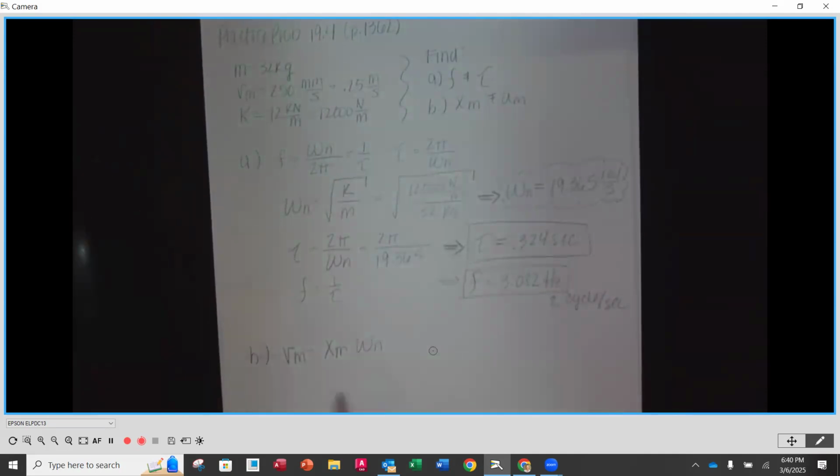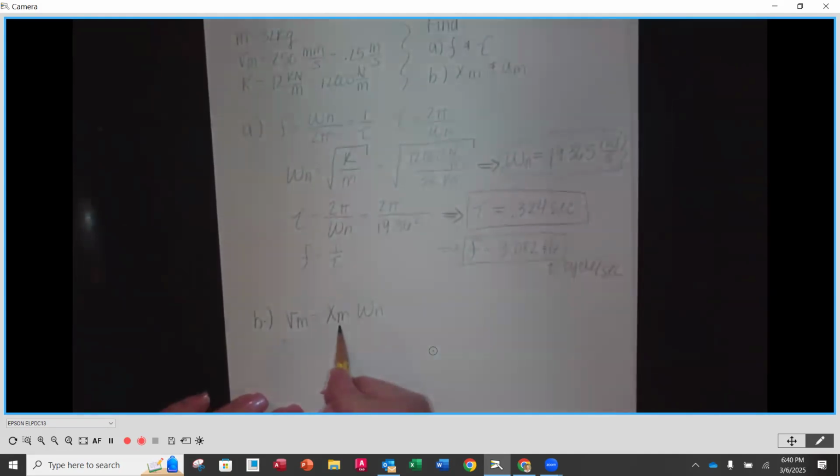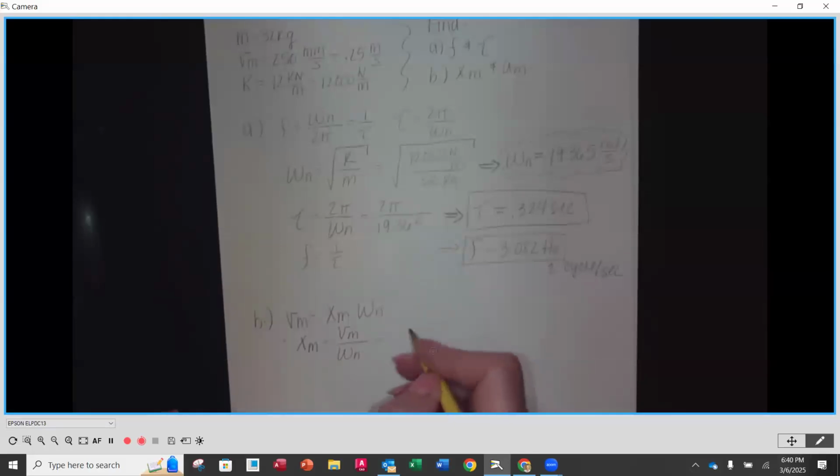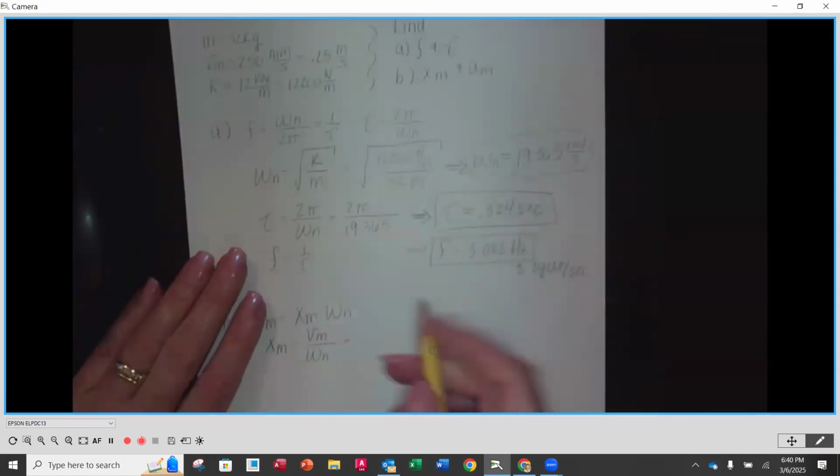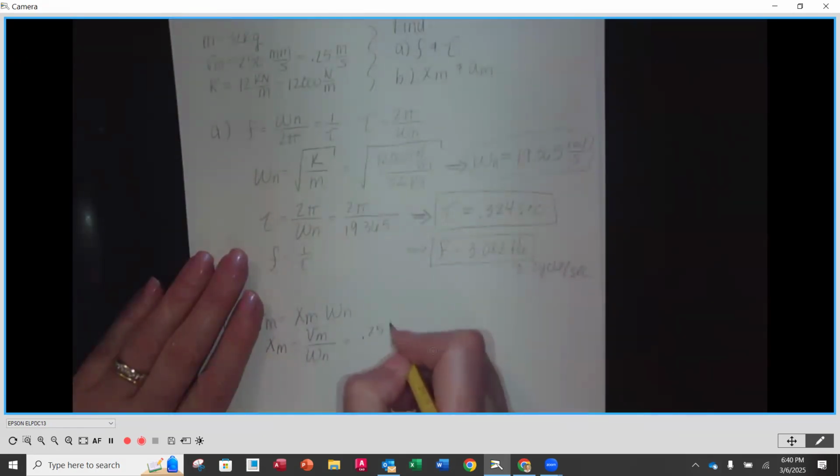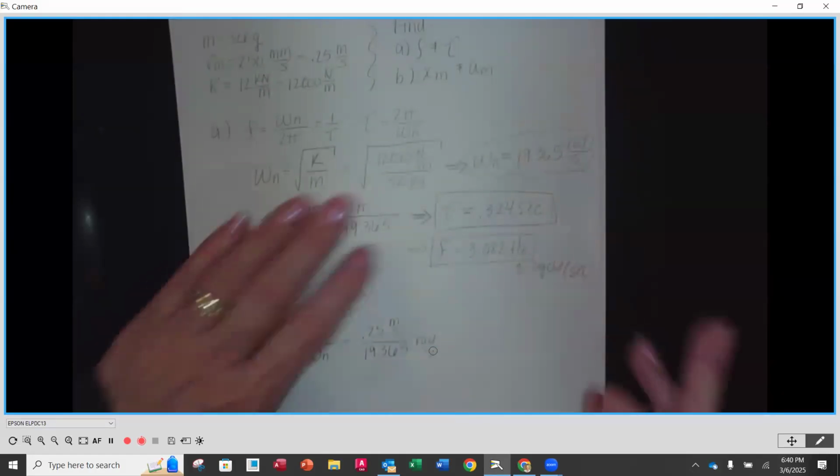Rearranging this, we know the maximum velocity from our problem and we want to solve for x_m. So x_m is equal to the maximum velocity divided by our natural circular frequency. We had 250 millimeters, but we need to use 0.25 meters per second divided by 19.365 radians per second.